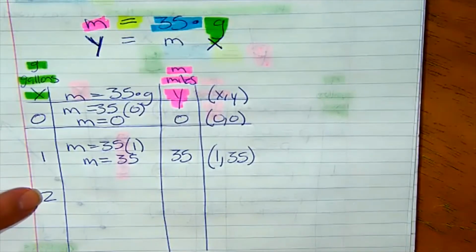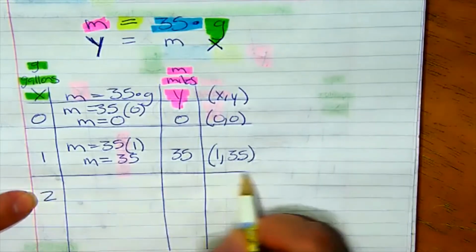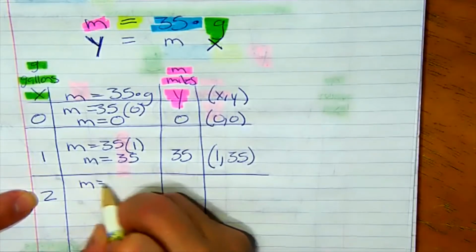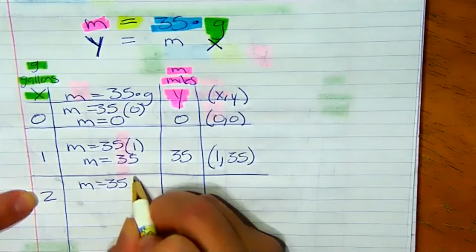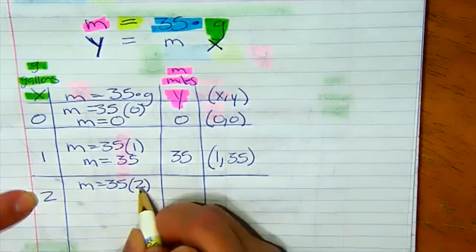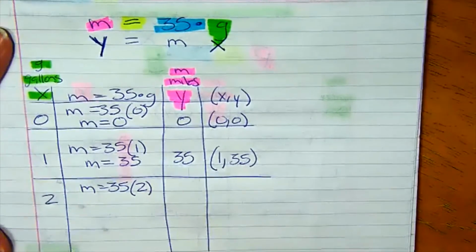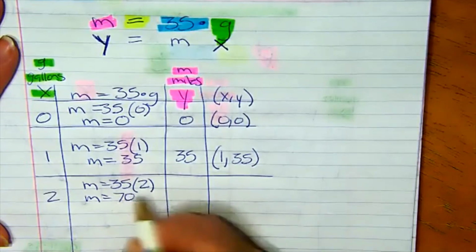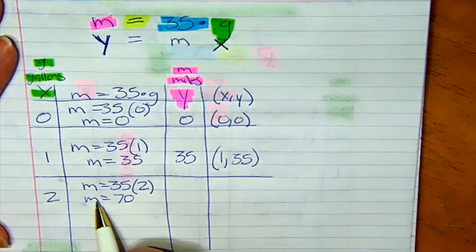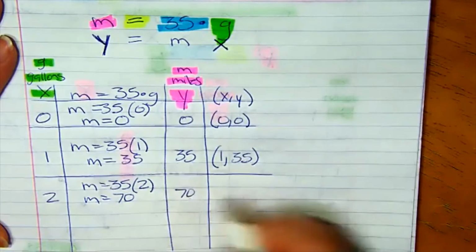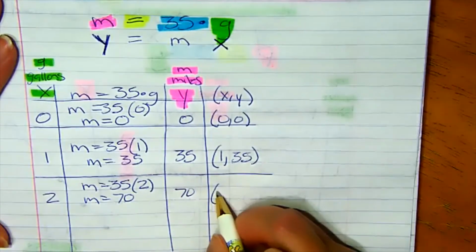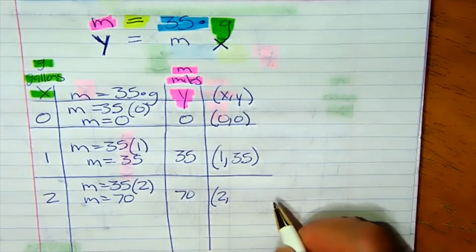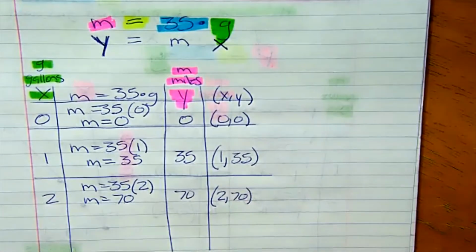Now let's put in 2 gallons of gas. So we're inputting 2 gallons of gas. When we put in 2 gallons of gas, we get 70 miles out. So we're inputting 2 and the output is 70.